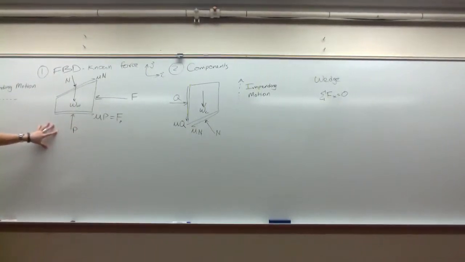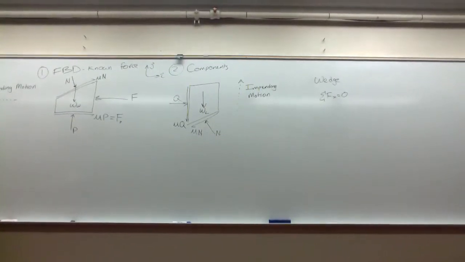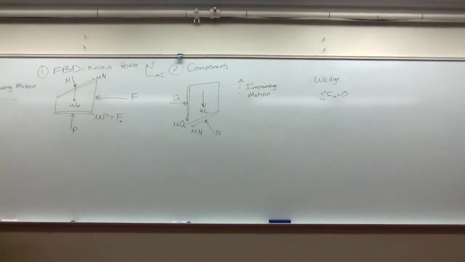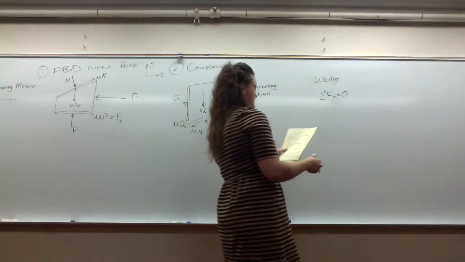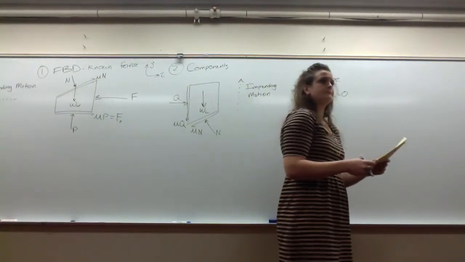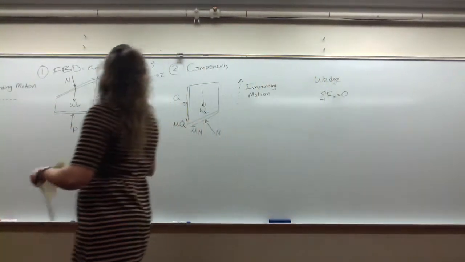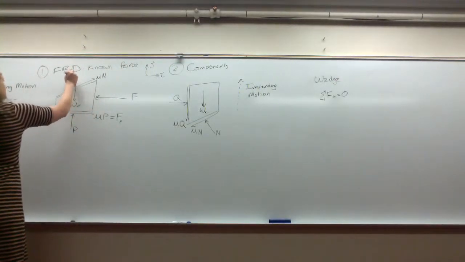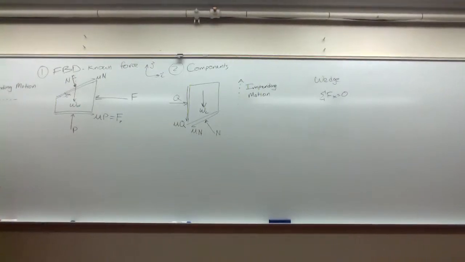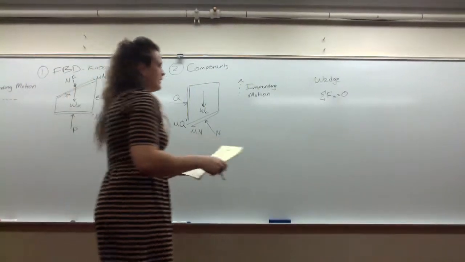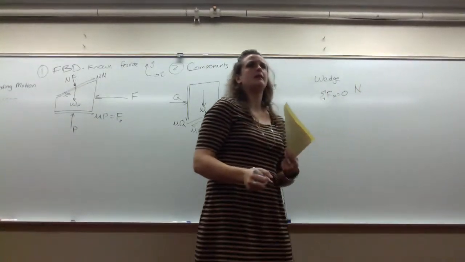Sum the forces in the x for me. There's one component of the N, one component of the friction on top, and the right force. We have one component of the N, so let's start there. How do we get that in an x component?